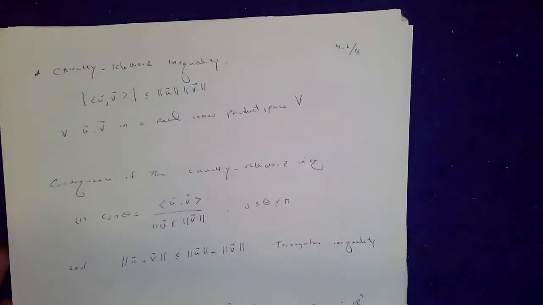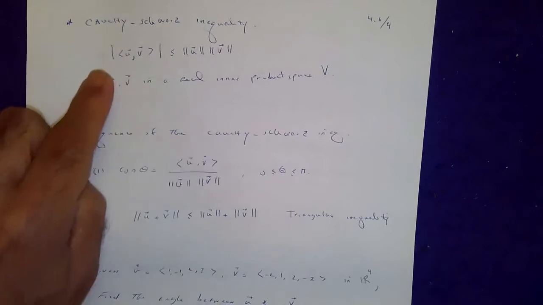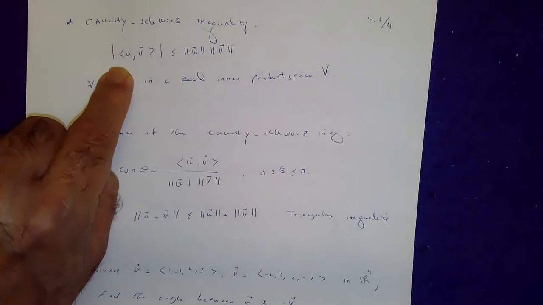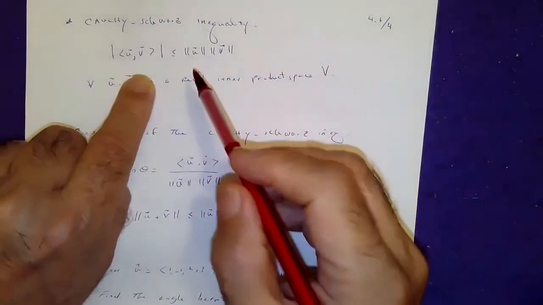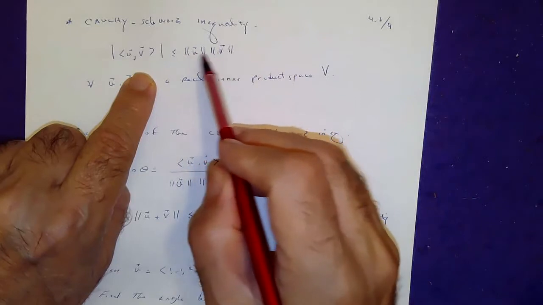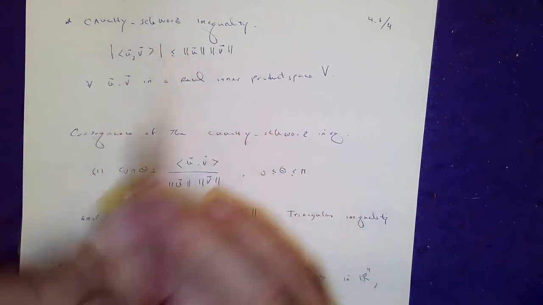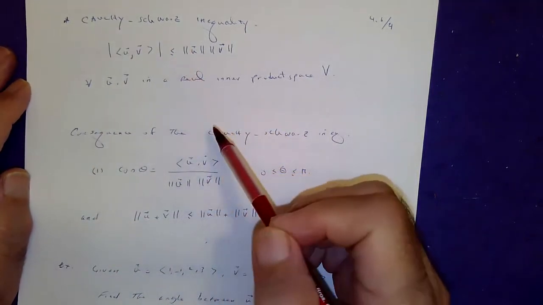Now the consequences of this inner product space are two important conclusions. One is the Cauchy-Schwarz inequality, which says the absolute value of the inner product of u and v, any vectors in an inner product space, is less than or equal to the product of their magnitudes. This is a super important relationship when you're proving problems in this section.